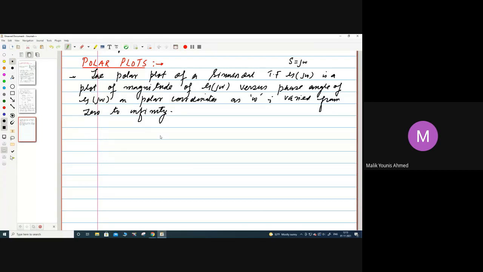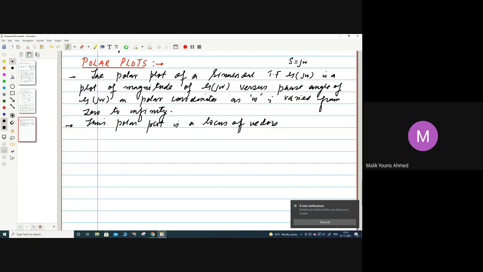magnitude, and angle. Thus, the polar plot is a locus of vectors. Locus means path. Locus of which vectors? Two vectors we are using: the magnitude of this sinusoidal transfer function, at an angle.